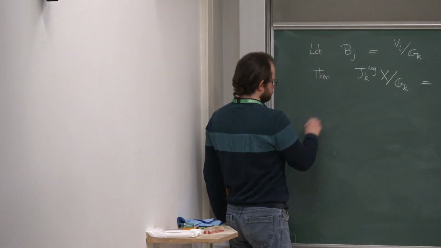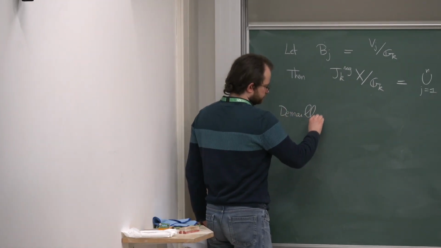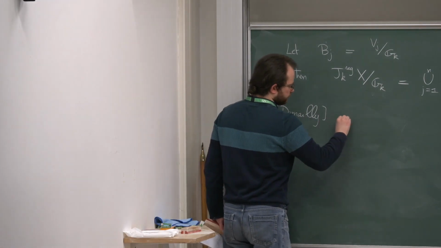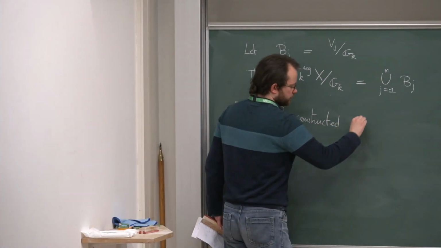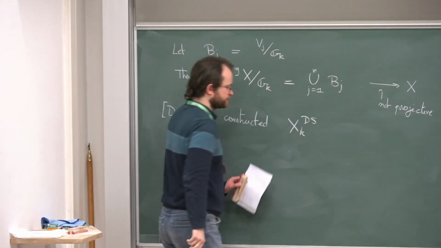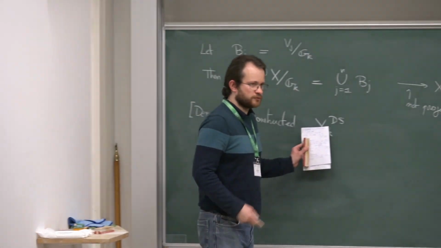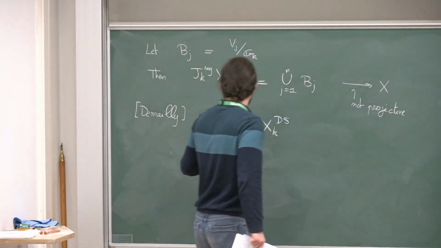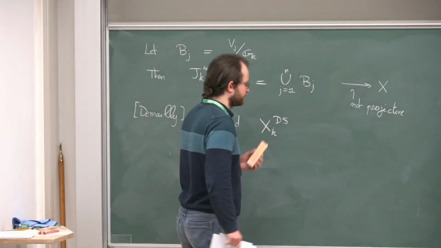So let me write that Demailly gave a candidate, constructed the so-called Demailly-Semple jet spaces, which are candidates for compactifying these spaces, and that's the one that was used in Bérczi-Kirwan's proof of Green-Griffiths-Lang for hypersurfaces.